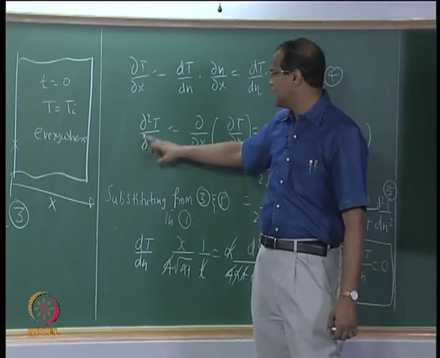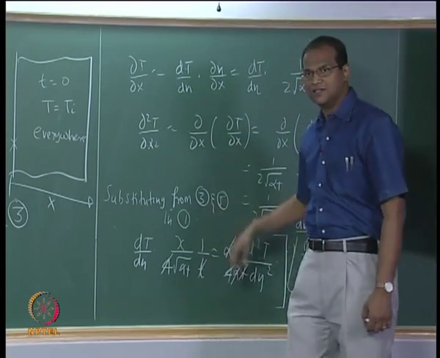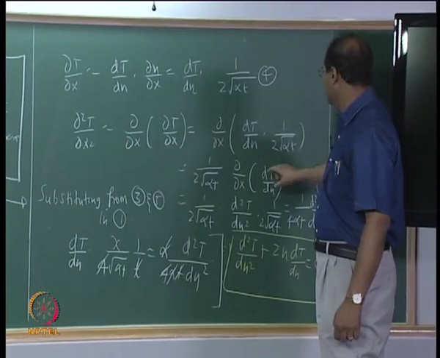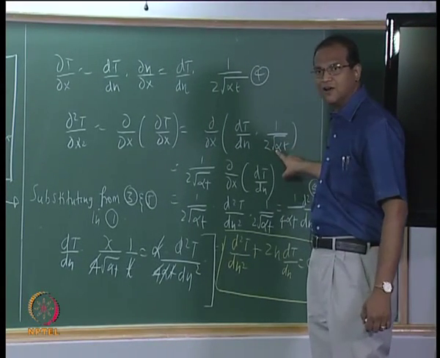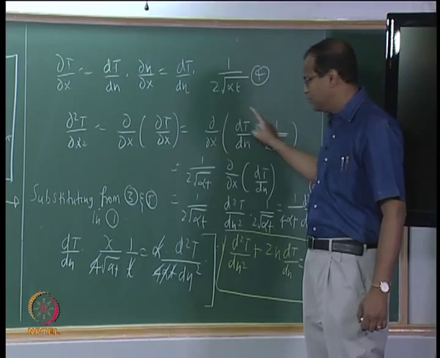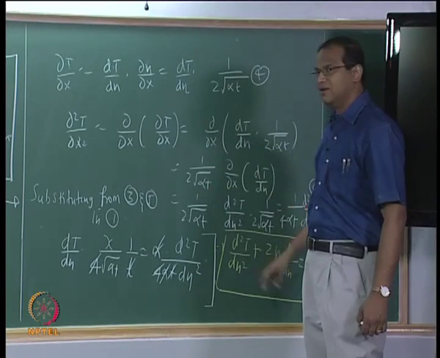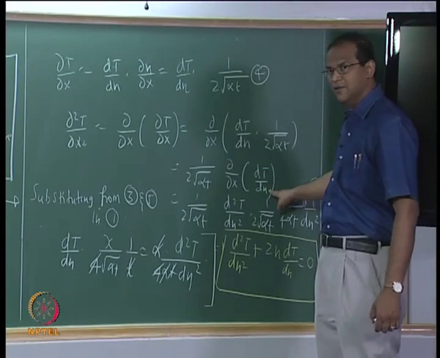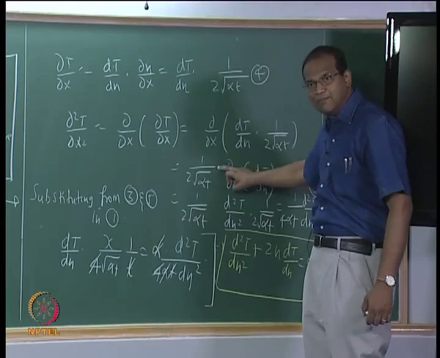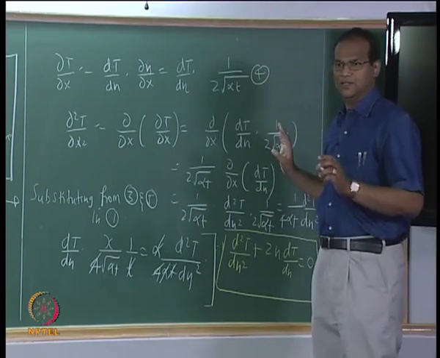But when you are going to do dou square T by dou x square, first you do dou by dou x of this. Once you do that, 1 by 2 root alpha t has got no business with x, so it can be pulled out. Then you have dou by dou x of this, which is d by d eta of this and dou eta by dou x.